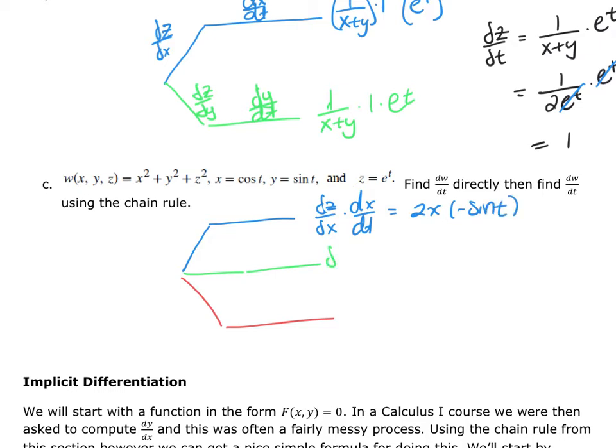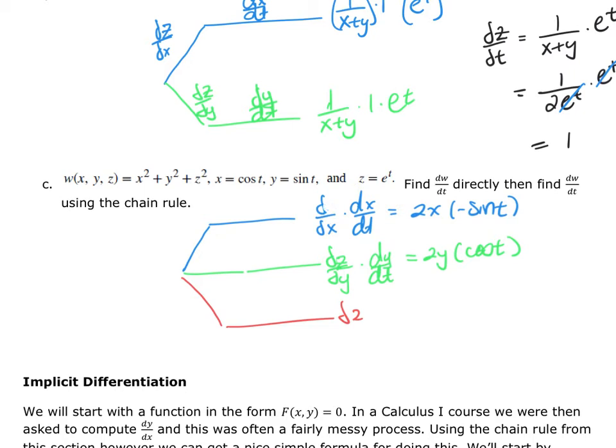Going down the y branch, the partial derivative of w with respect to y, and then I multiply that by dy dt. The partial derivative with respect to y is just going to be 2y. The derivative of sine is cosine of t. Going down my last branch, the partial derivative of w, oh, these all should be w's. Darn it.